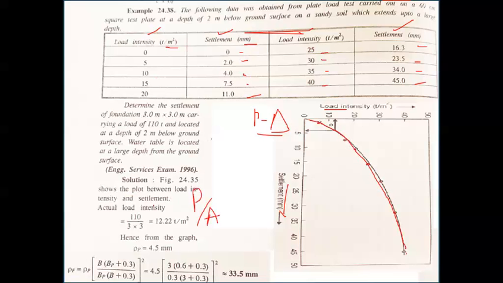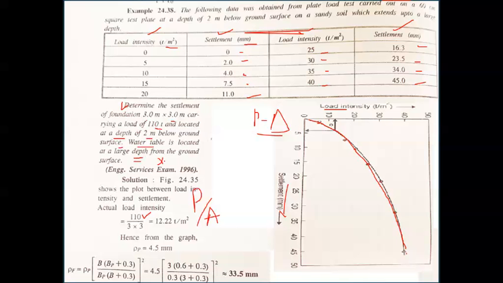The load is given in the next sentence: determine the settlement of a foundation 3 meter by 3 meter carrying a load of 110 ton, located at a depth of 2 meter below ground surface. The water table is located at a larger depth from the ground surface, so the water table is not going to influence the bearing capacity.